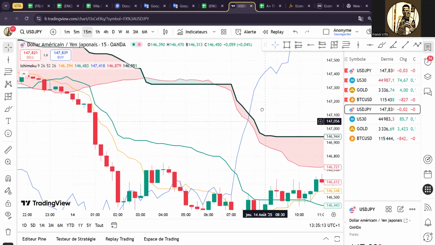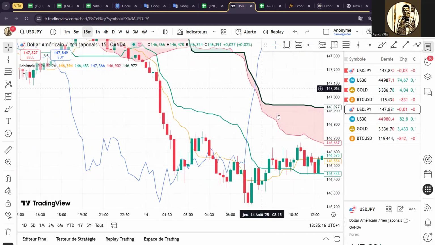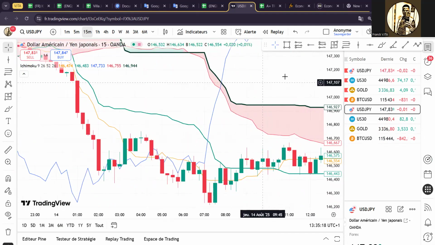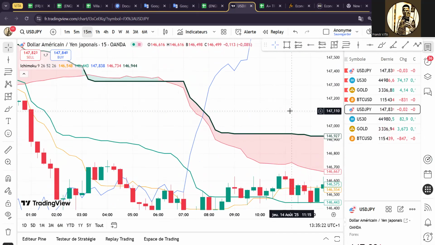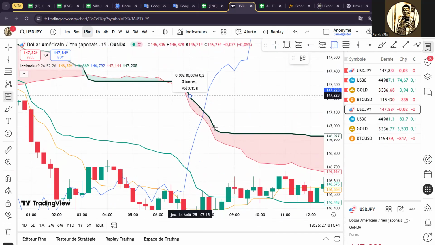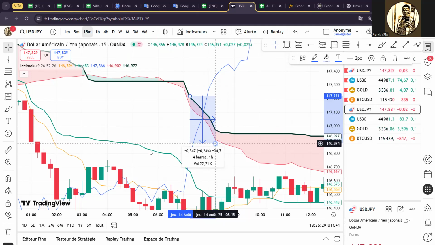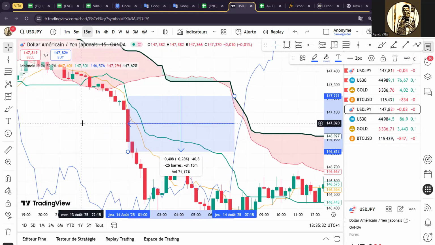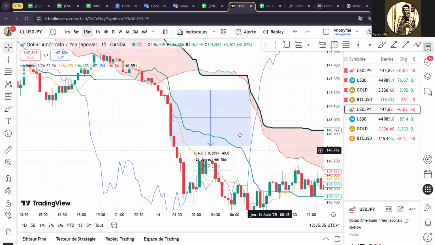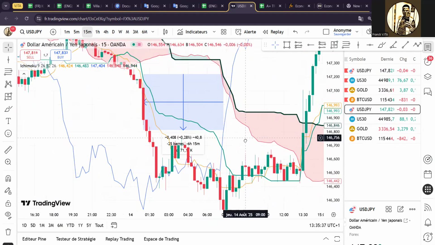These young snakes going down, this cloud. It is very snake incline, like crazy. And the candle was just this fat candle down. It's a young snake going down.